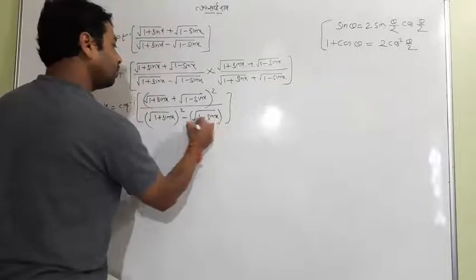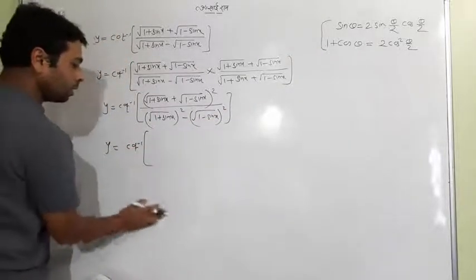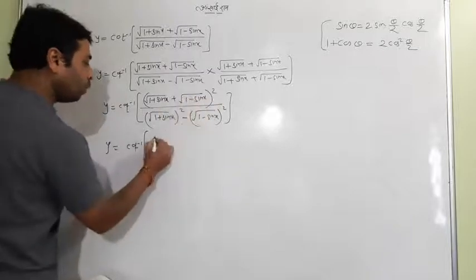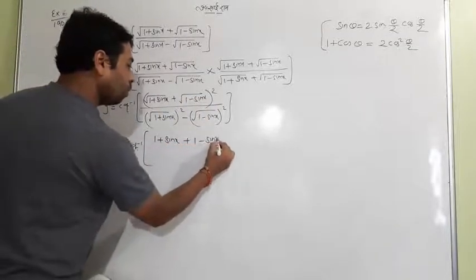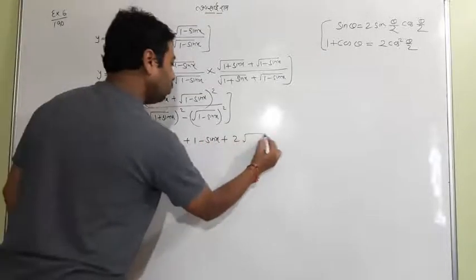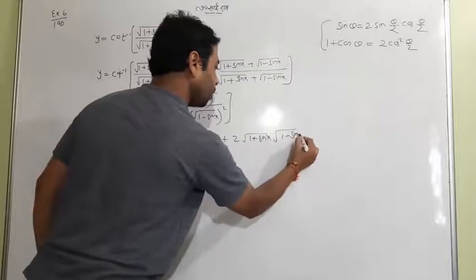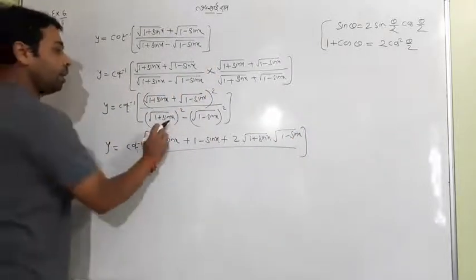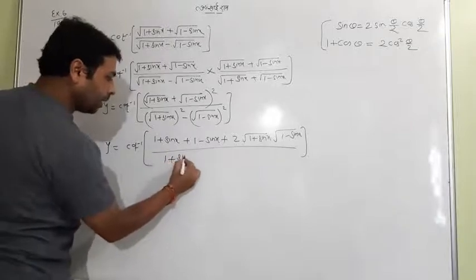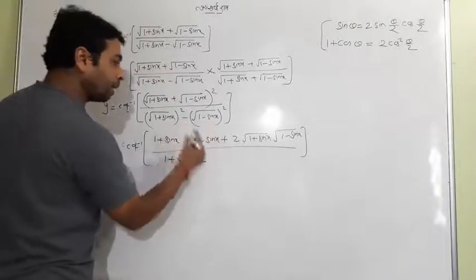Now next, y is equal to cot inverse, a plus b whole square will be a square plus b square plus 2ab. And on the downside, a square is 1 plus sin x, and b square is 1 minus sin x. Because of the minus sign, it will get plus.